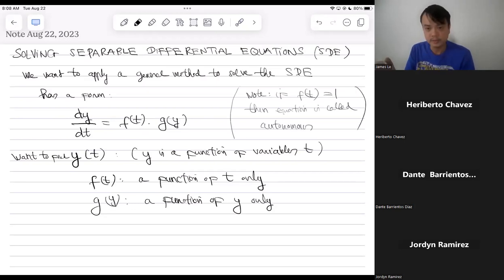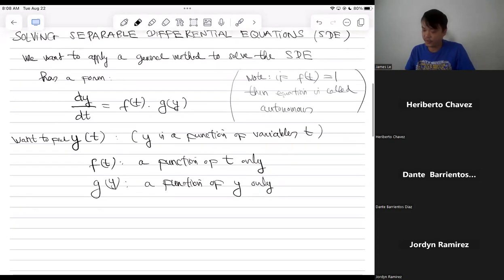You don't need to know that, but I just want to introduce the definition of an autonomous differential equation. Maybe some of you will take Math 46 in the future.